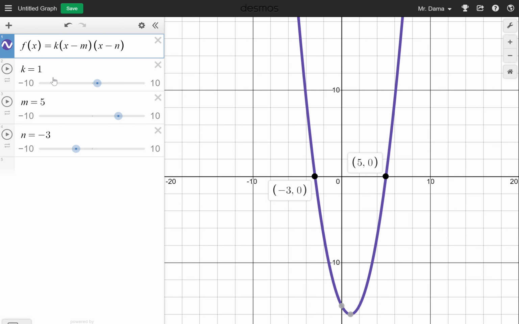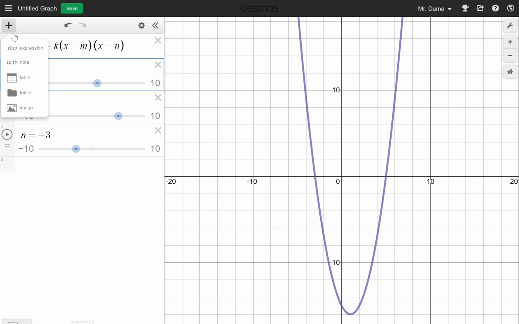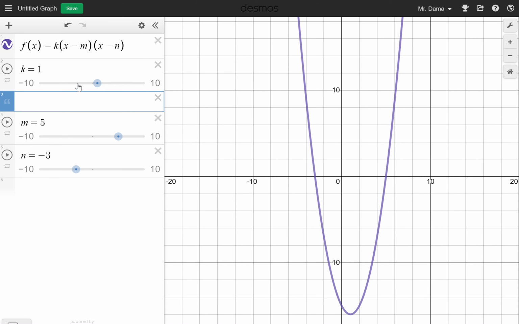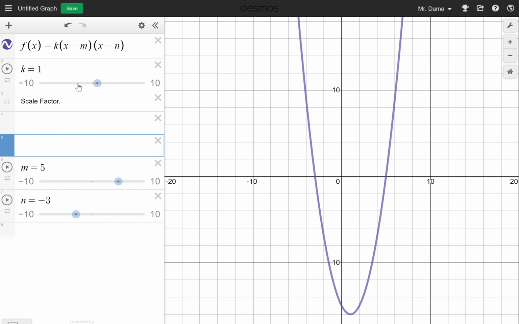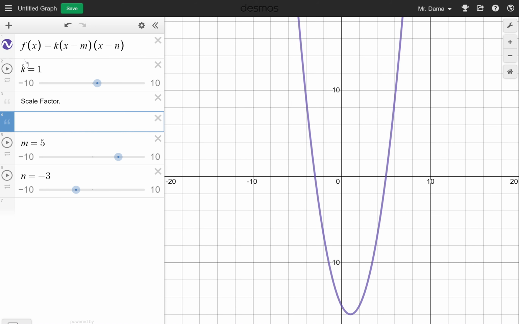But this k value is a scale factor. So I'll write that: scale factor. A scale factor tells you how squished or how expanded something is. Not m and m, but m and n.